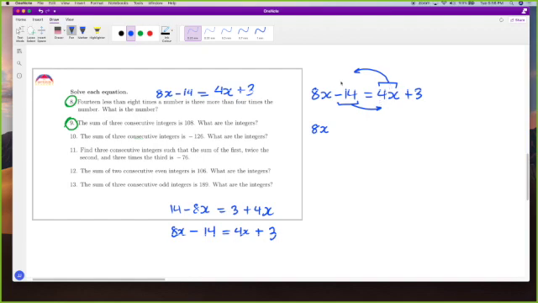So when I throw it across on this side, it will become a minus 4x here. And it's a minus 14 on this side. So when I throw the 14 on this side, I'll have 3 plus 14. So now I will have 8 minus 4 is 4x is equal to 14, 15, 16, 17. 14 plus 3 is 17.